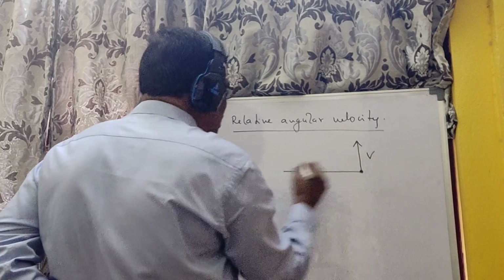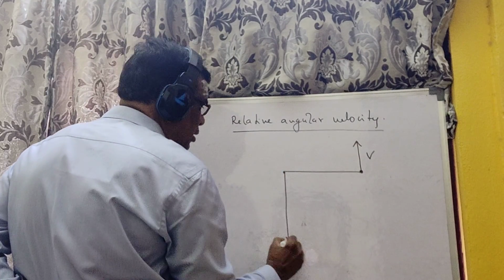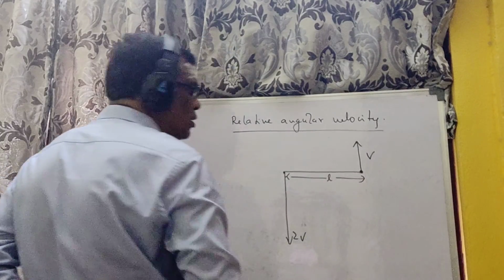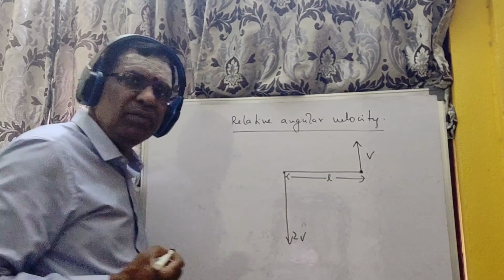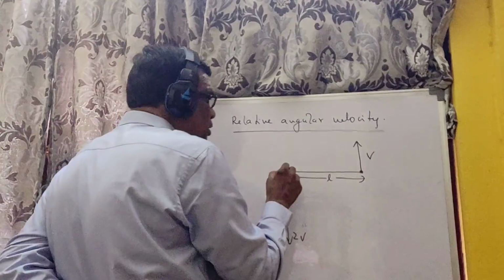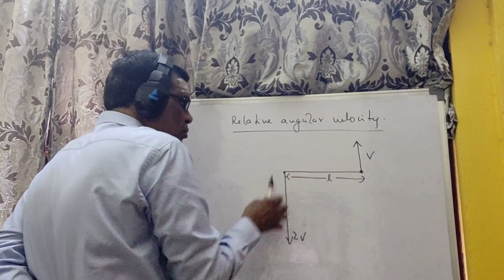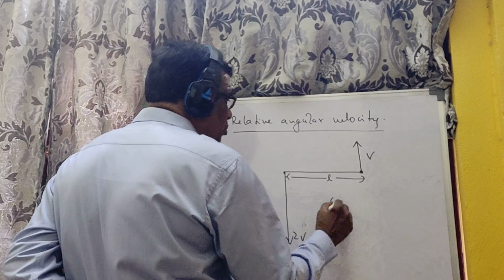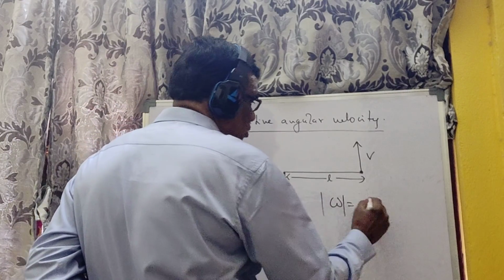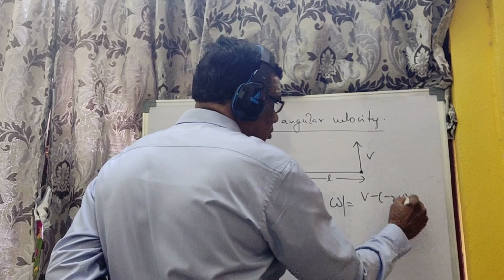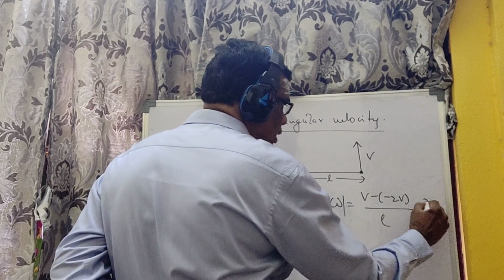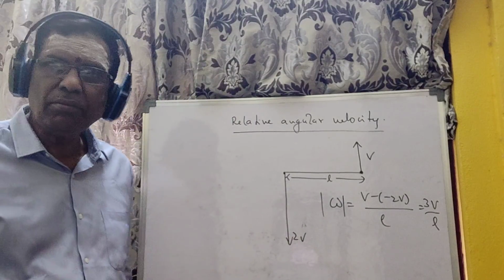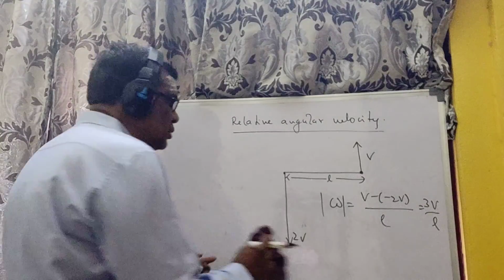Now this is V, this is 2V, this is L. The perpendicular I have given. Therefore, with respect to this point, V minus of minus 2V, so omega, if I take the modulus, is 3V by L. I hope this point is clear to you.